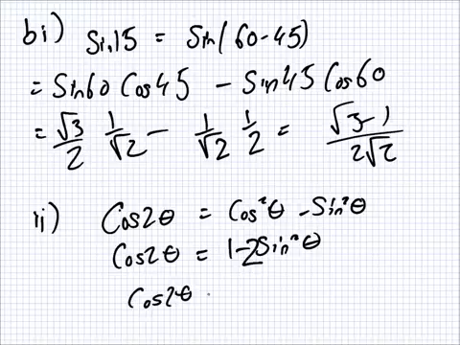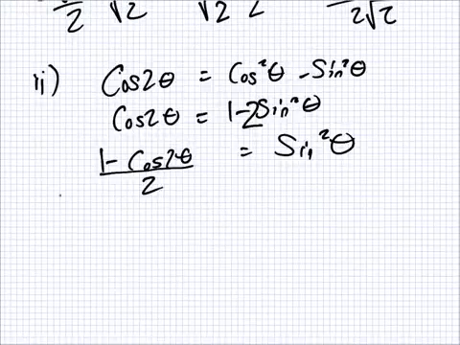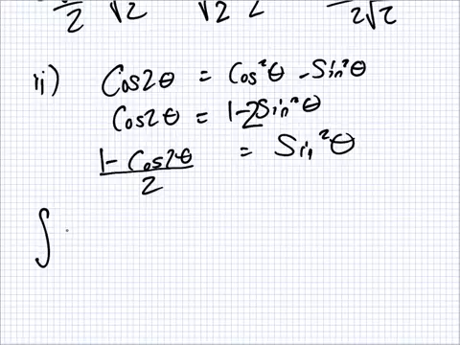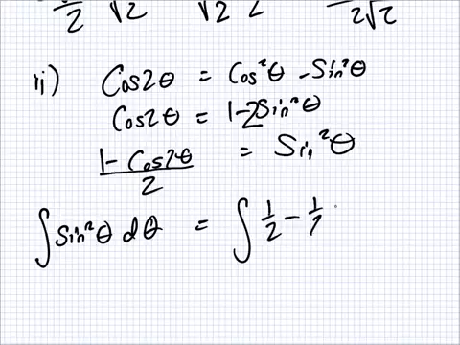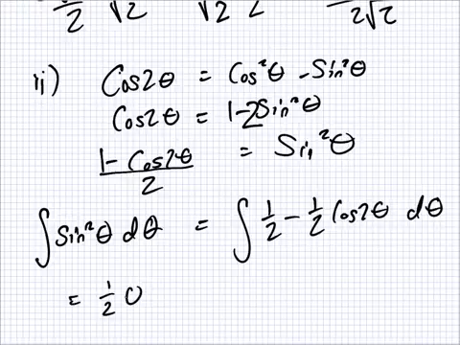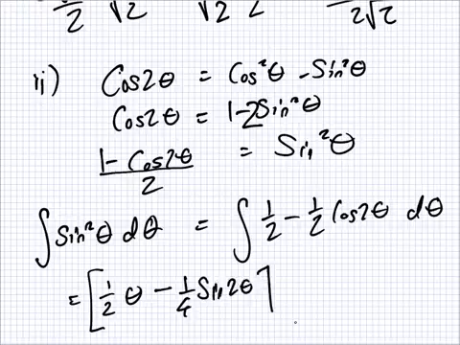So cos 2 theta, 1 minus cos 2 theta over 2 is sine squared theta. So your integration of sine squared theta d theta can be changed into the integration of a half minus a half cos 2 theta d theta, which will equal a half theta minus a quarter sine 2 theta, and the limits are 0 and pi over 2.